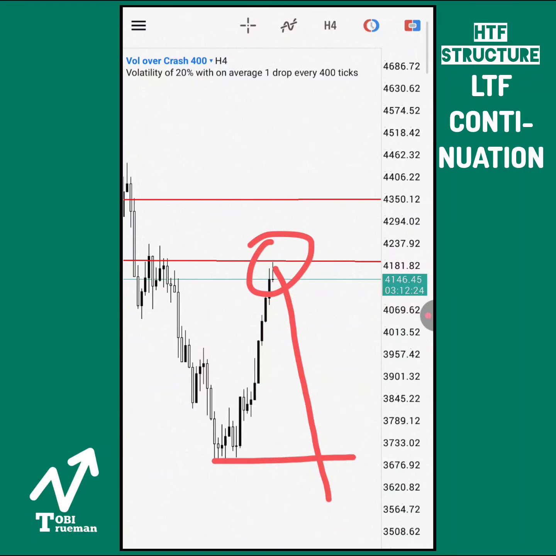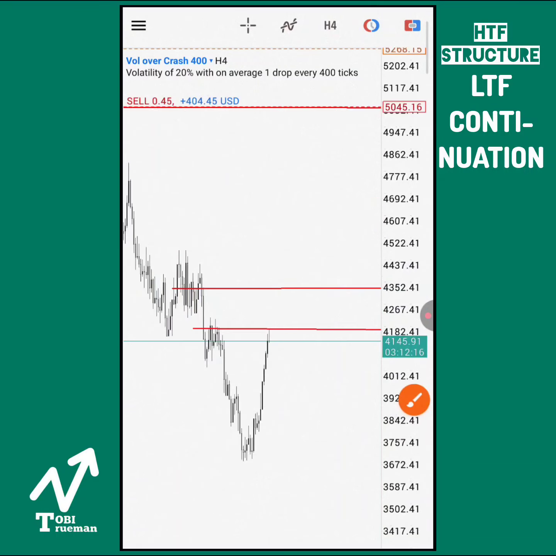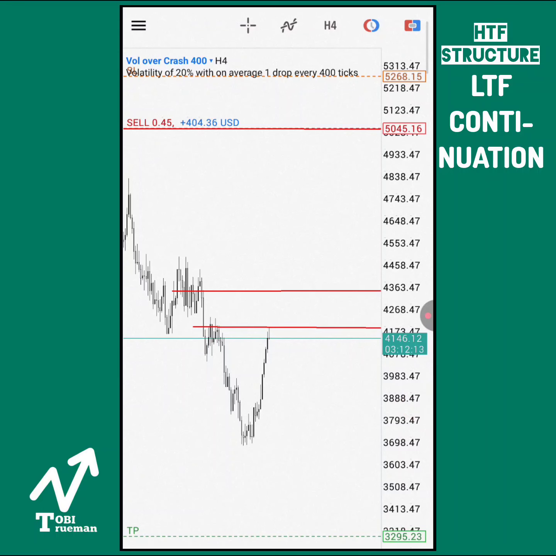We can make an entry if we see our signal at 0.6 or 0.7, put our take profit over here, or we can sell all the way down to the main target, which is the previous weekly low point.